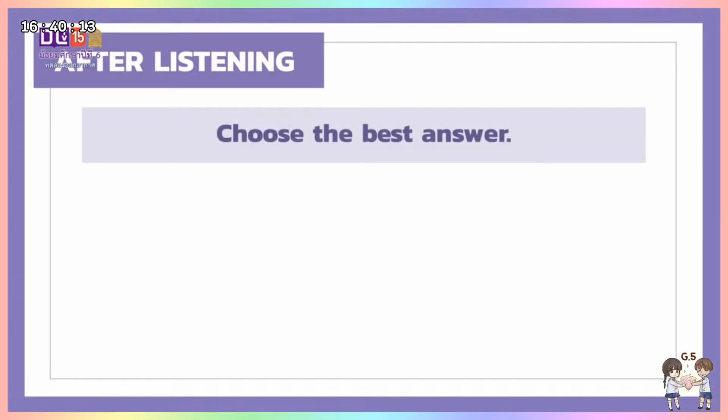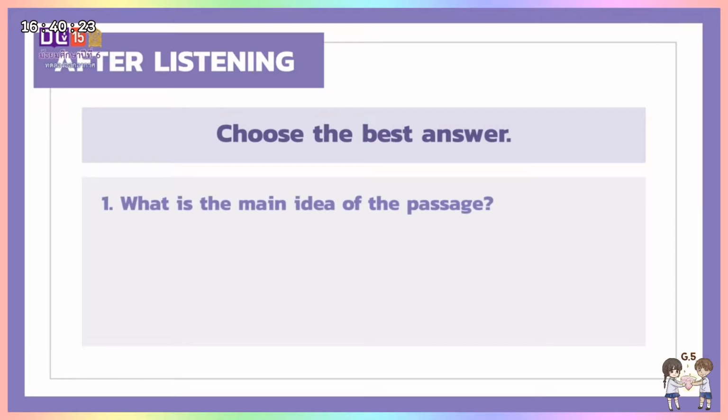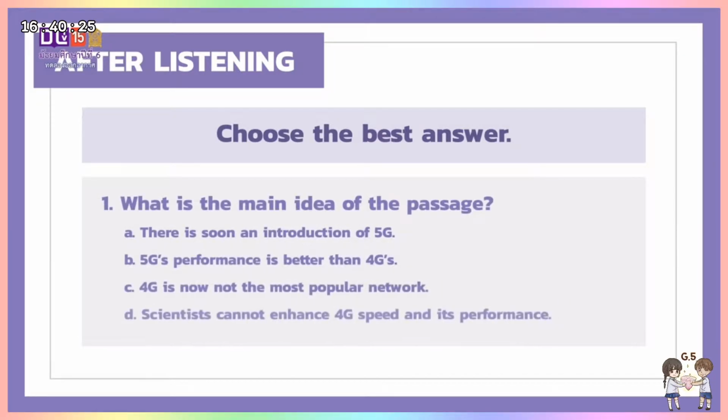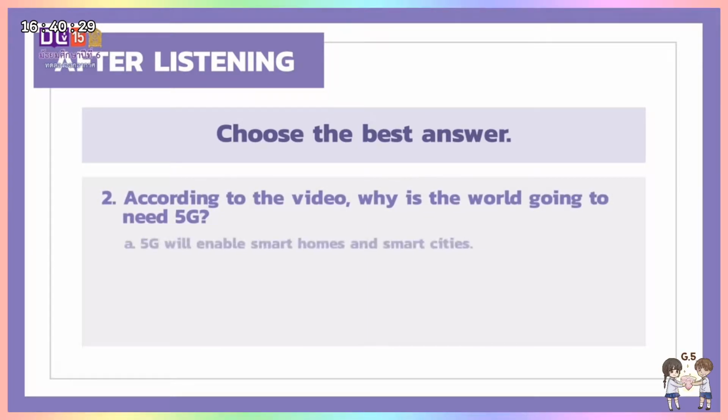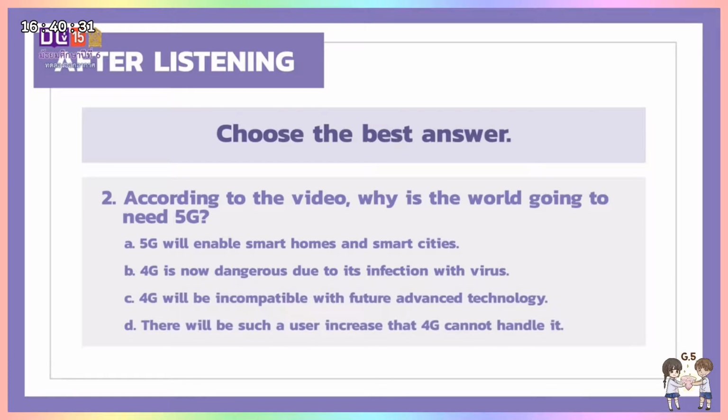And next 5 questions are the multiple choice. This one is kind of easier because it will check your listening and comprehension. Let's see the questions. 1. What is the main idea of the passage? 2. According to the video, why is the world going to need 5G? 3.